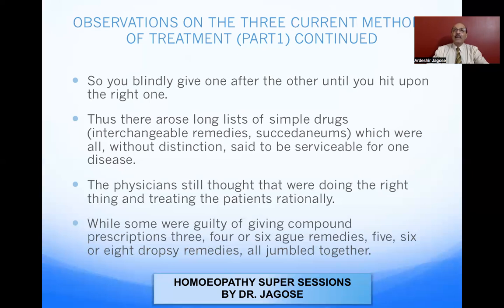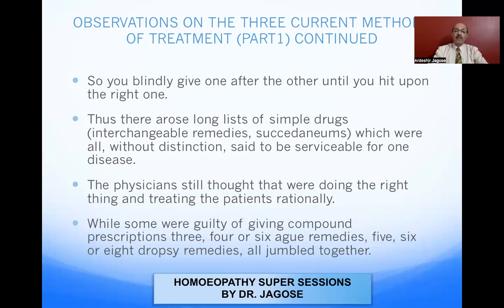And each of the remedies has no distinction or peculiarities, but they are just given one after another until the right one is found. The physicians still thought they were doing the right thing and treating the patients rationally. So by this system of blindly giving one medicine after another, the physicians thought they were doing it correctly, and that it was the rational system of medicine.